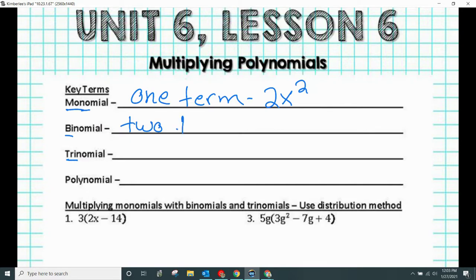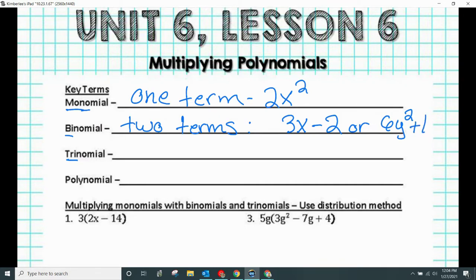For instance, if I was to give you something like 3x minus 2, or what if I said maybe 6y squared plus 1? Both of those have two terms in them. Notice they're separated by a plus or a minus. That's what makes it its own individual term.